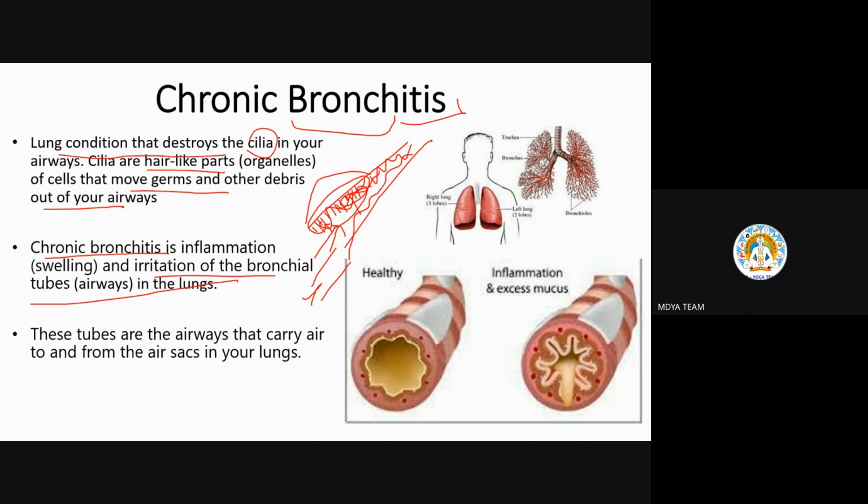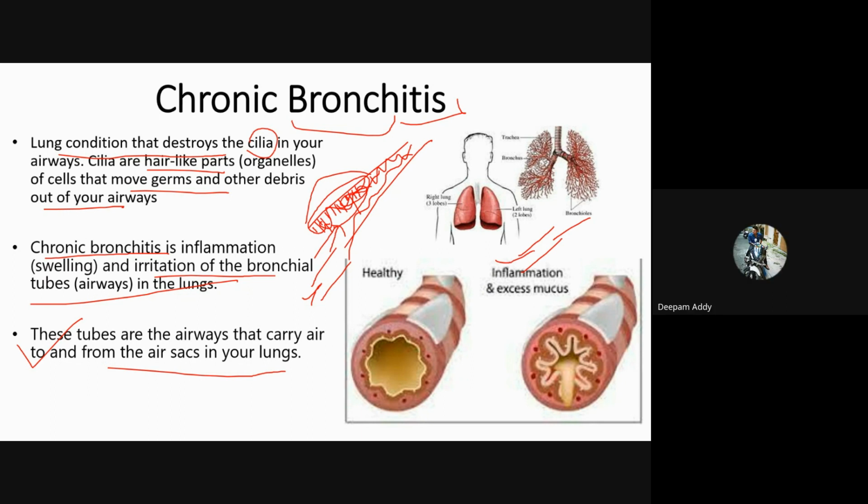Irritation happens when there is difficulty to breathe in or out. These tubes are the airways that carry air to and from the air sacs in the lungs. These are the only carrying passages which carry air out of the body and inside the body. Okay, very easy. Ma'am, understand?